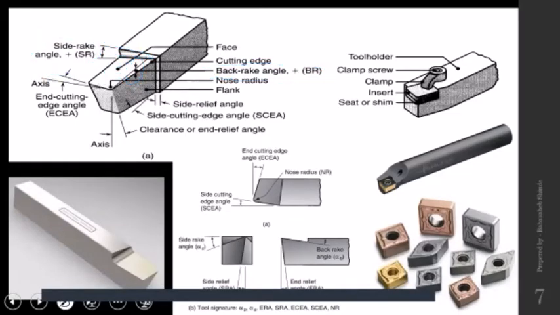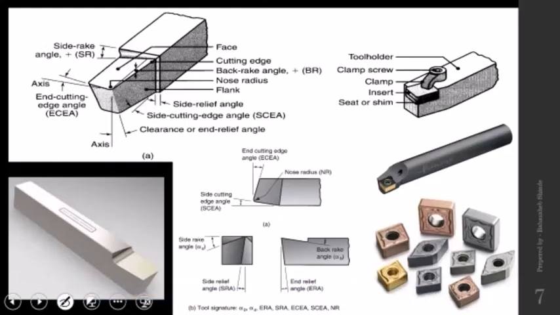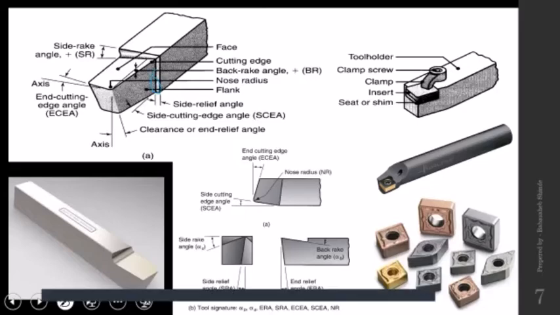Similarly, the flank face is also provided with two angles. Those angles are called flank angles or relief angles. The inclination provided over here, this face is going to be inclined in this direction.